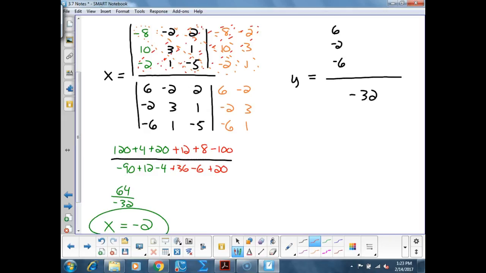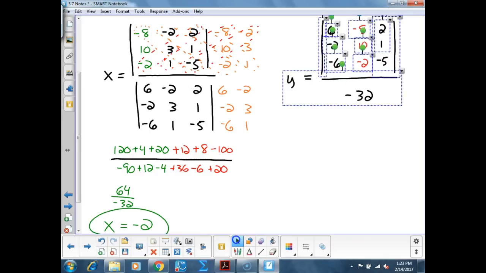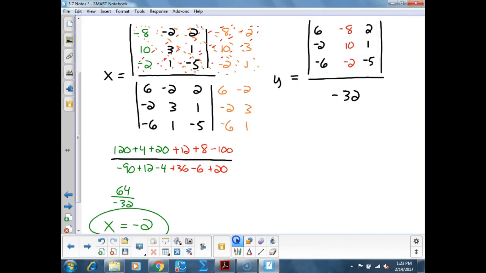And then negative 8, 10, and negative 2 is there. And then 2, 1, and negative 5 is there. Okay. Move this over a little bit. Okay. So then rewrite.